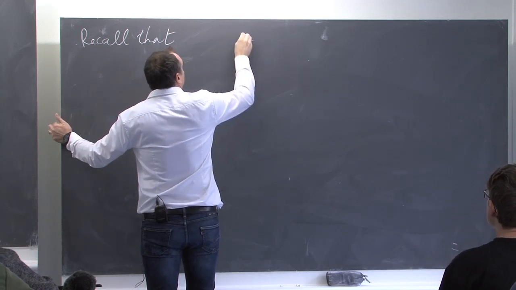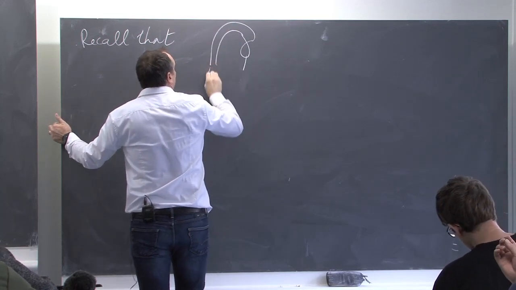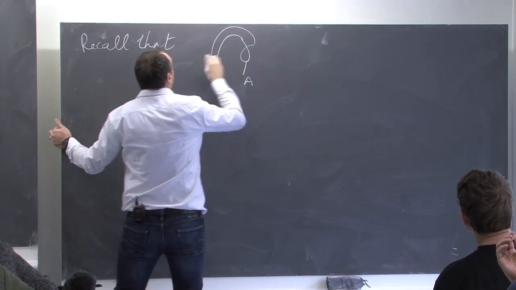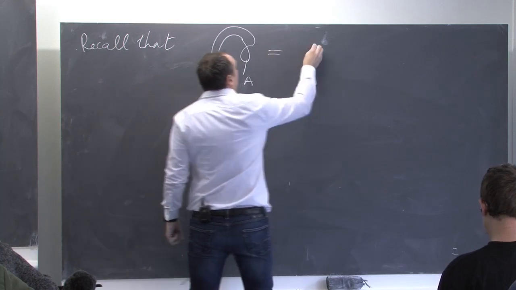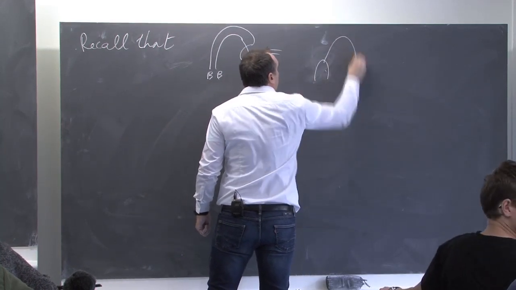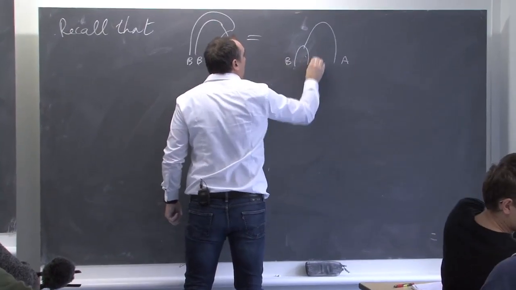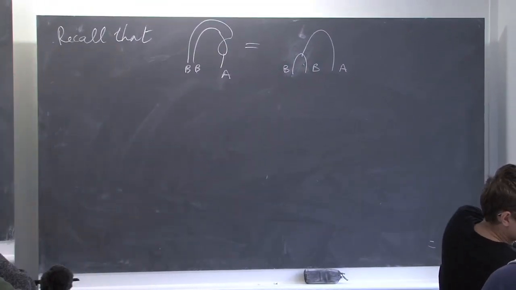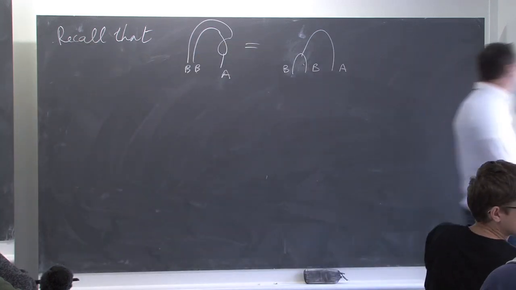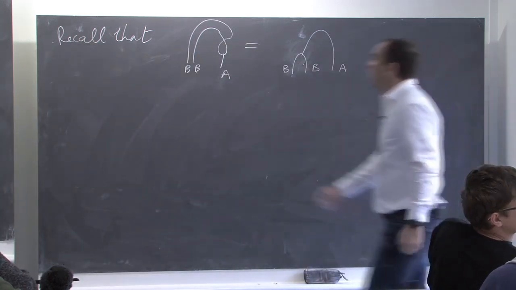I have this action. So B A is equal to, the coproduct of A and product of B are related this way.